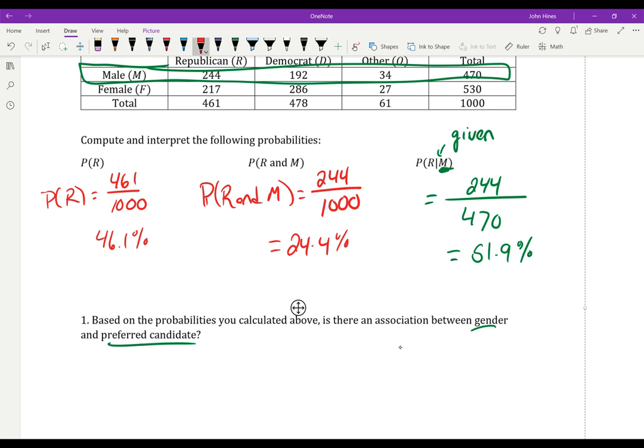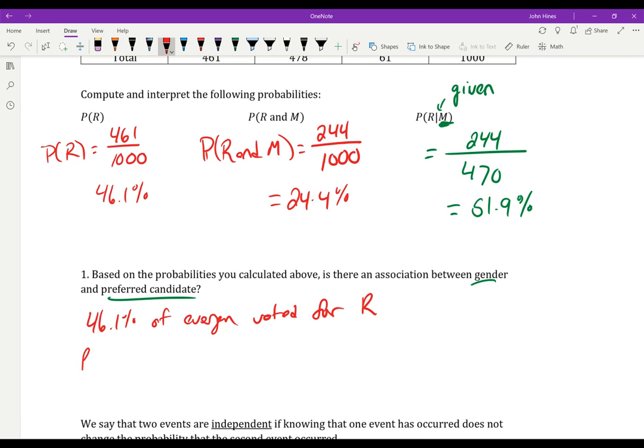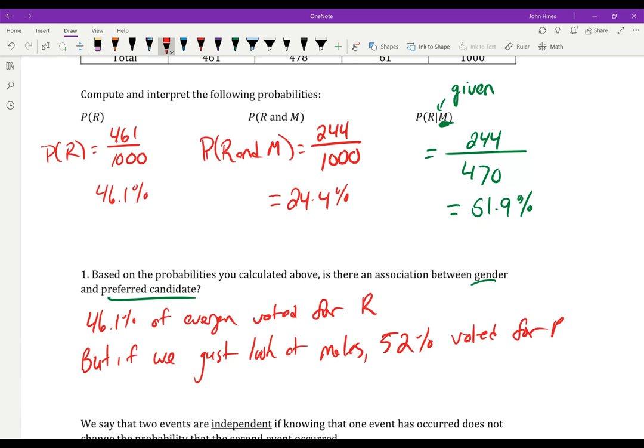Well, let's look at this. 46.1% of everyone voted for the Republican candidate. But if we just look at males, about 52% voted for the Republican candidate.